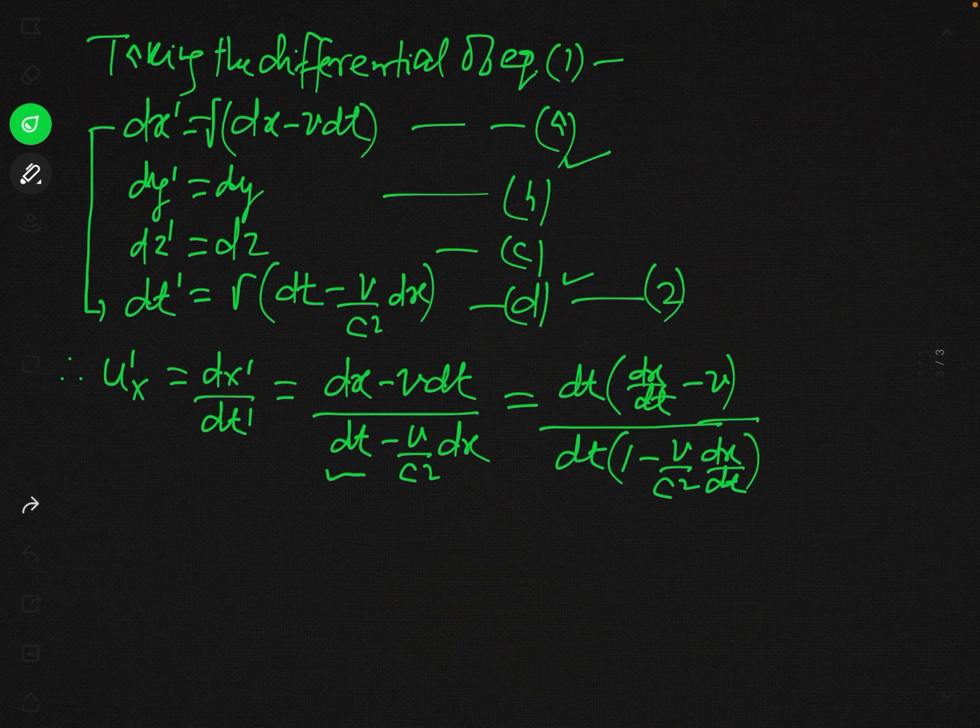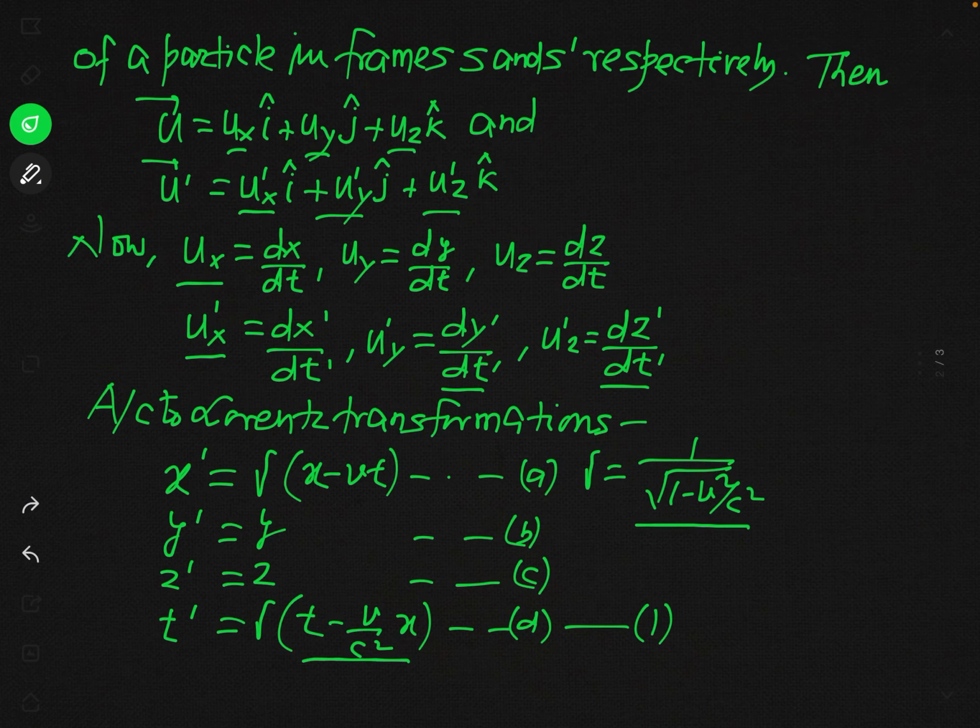Now this dt is 1, and you can see this dx by dt is simply ux, as in the definition.